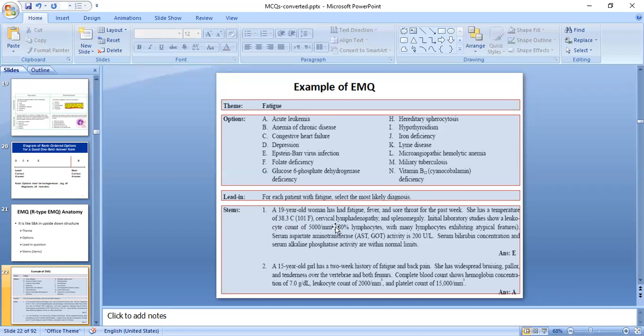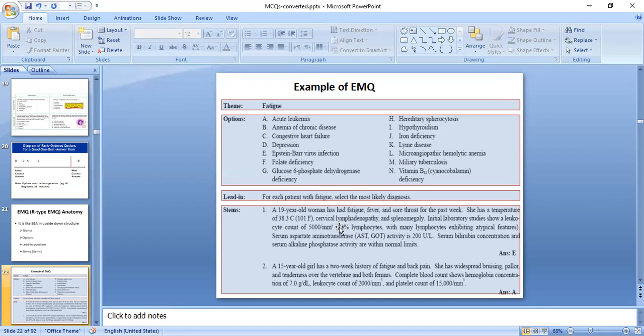After reading the stem, the student has to select the diagnosis from these options, from A to N. The student has to select the one option which is most accurate.